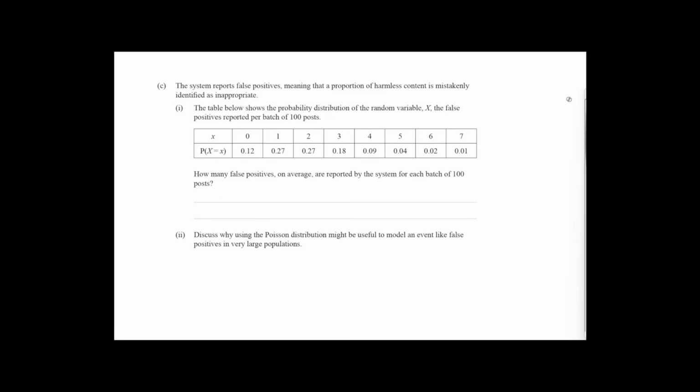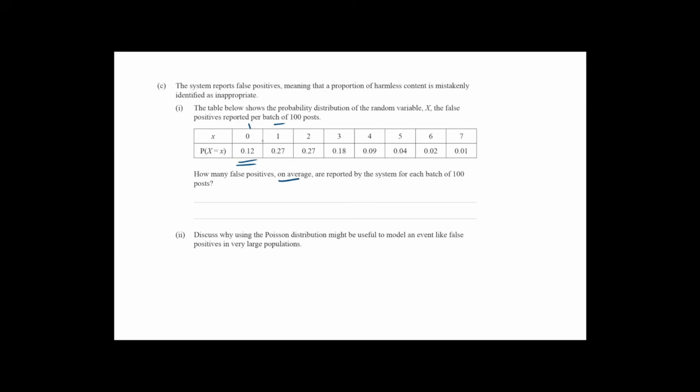The table below shows the probability distribution of a random variable X, the false positives reported per batch of 100 posts. So in other words, we got 0 false positives 12% of the time, 1 false positive 0.27% of the time, and so on and so forth.